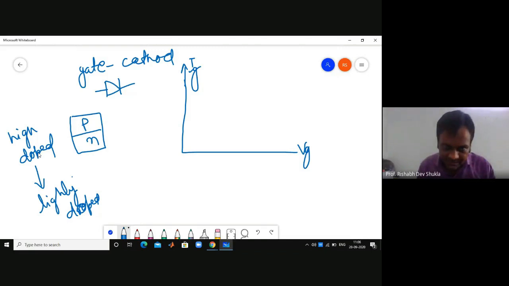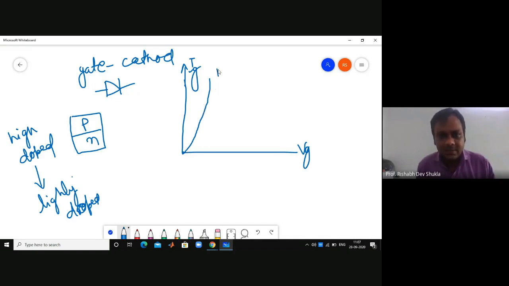So that's why our characteristics are somewhat like this. If it is highly doped, then current is changing more than voltage. So very little voltage can give the large current.